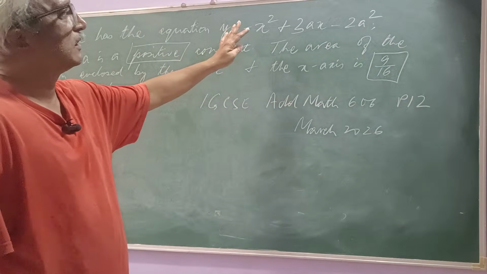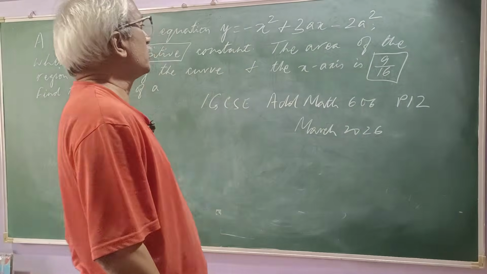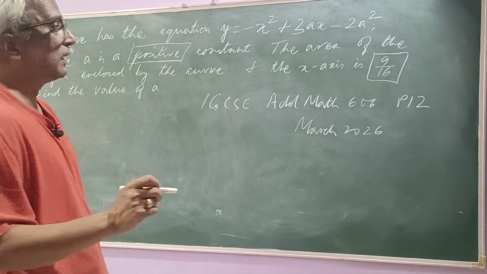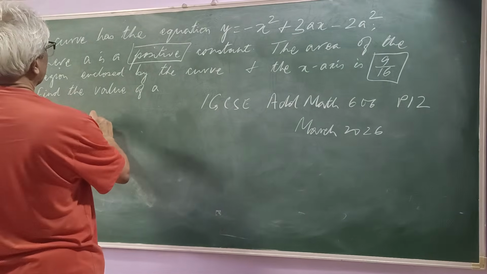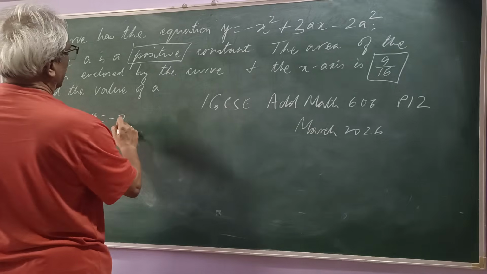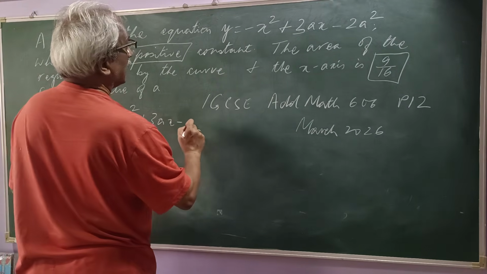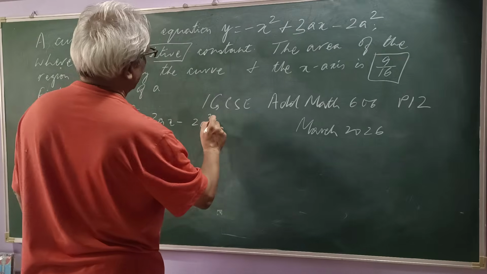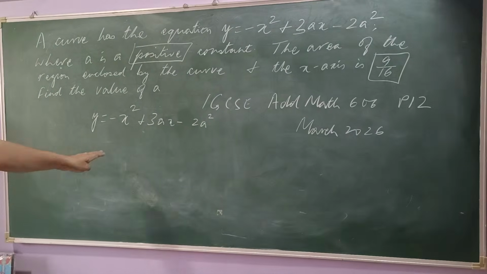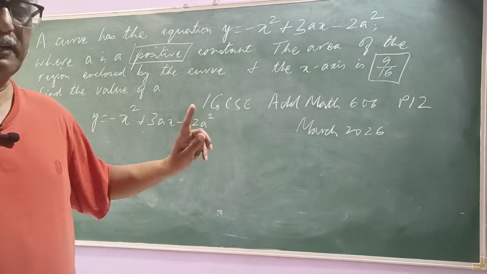Now when we look at this equation, y equal to negative x square plus 3ax minus 2a square, this is a quadratic equation, correct?